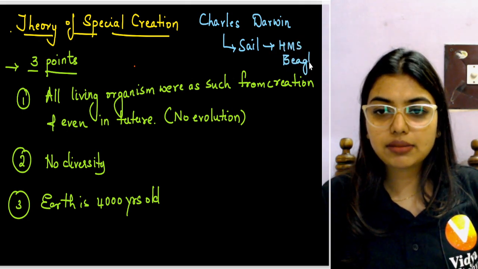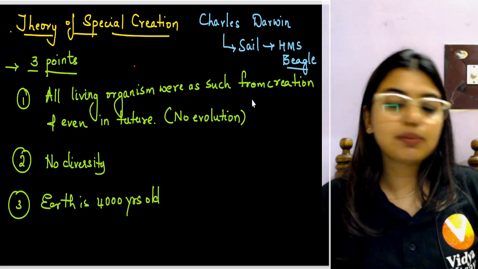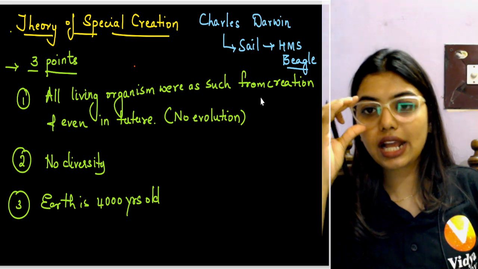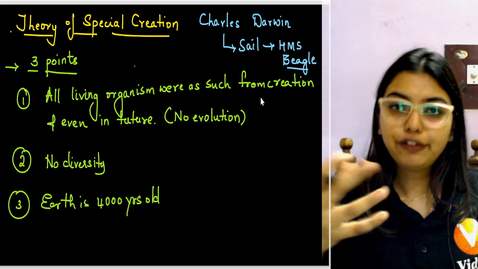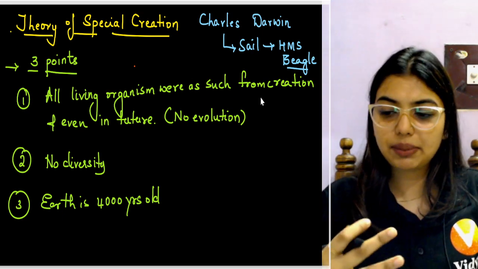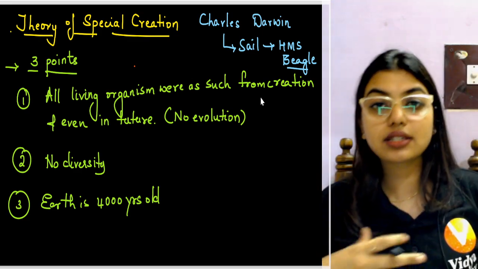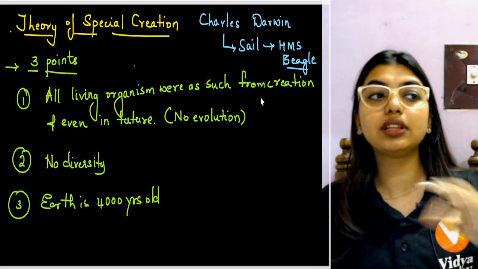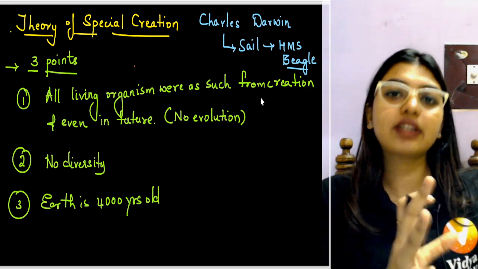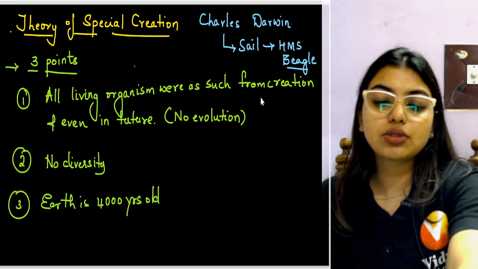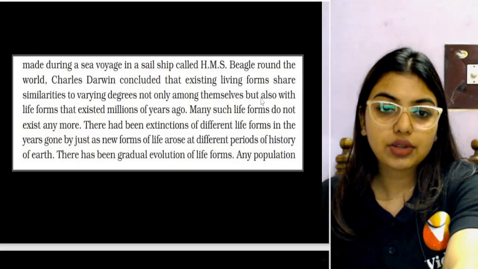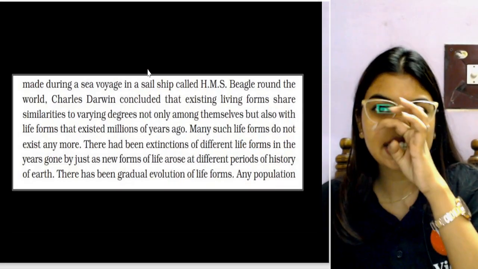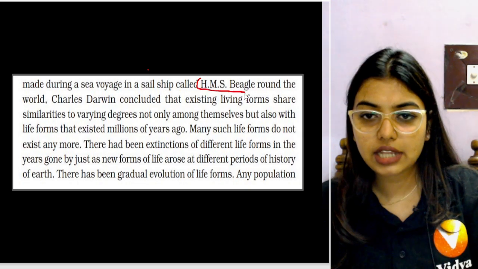On this voyage he understood that life forms have interrelation. That means they might look like their ancestors, there are connections with their ancestors, and there could also be connections with the ones that are not there right now. So these were the two or three things he told. You do not have to remember the exact line, but remember this: HMS Beagle.